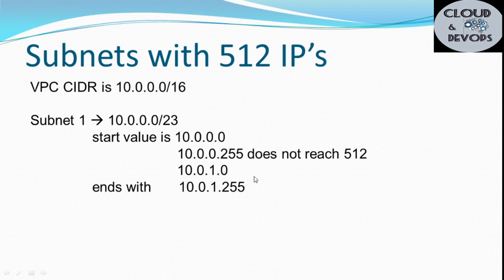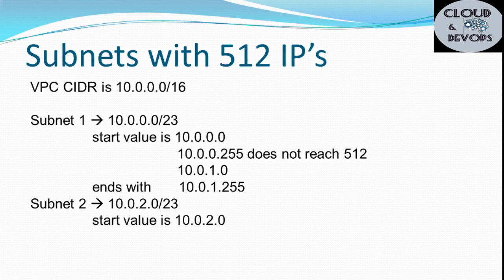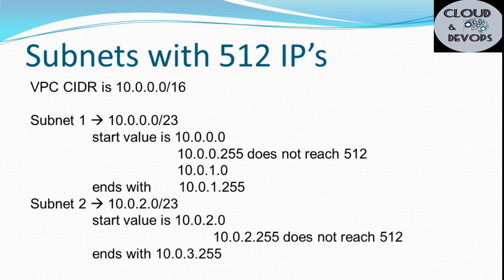So here we get 256 and another 256, overall 512 IPs, and it will stop here. The next available block for the second subnet is 10.0.2.0/23. /23 is to get 512 IPs. The start value is 10.0.2.0 and it runs until 10.0.3.255.